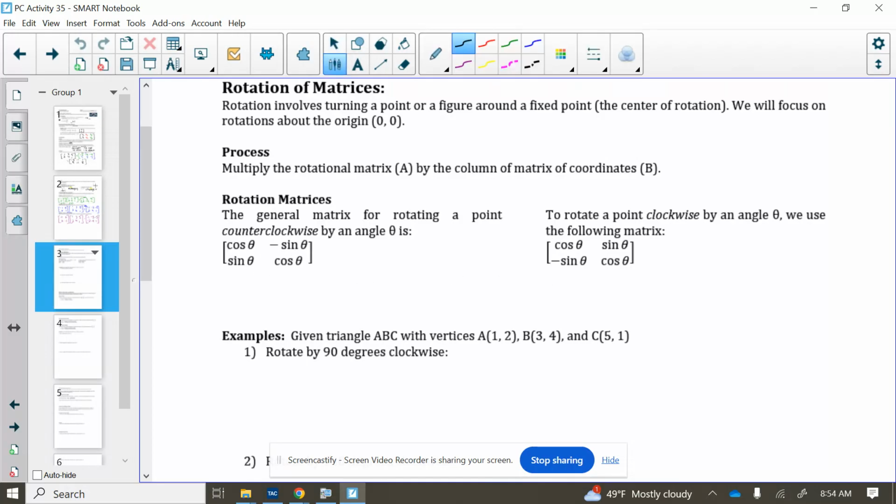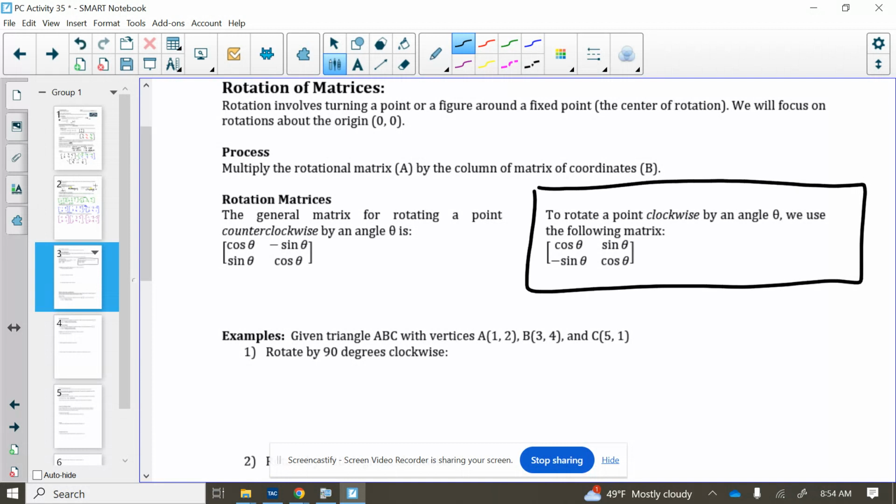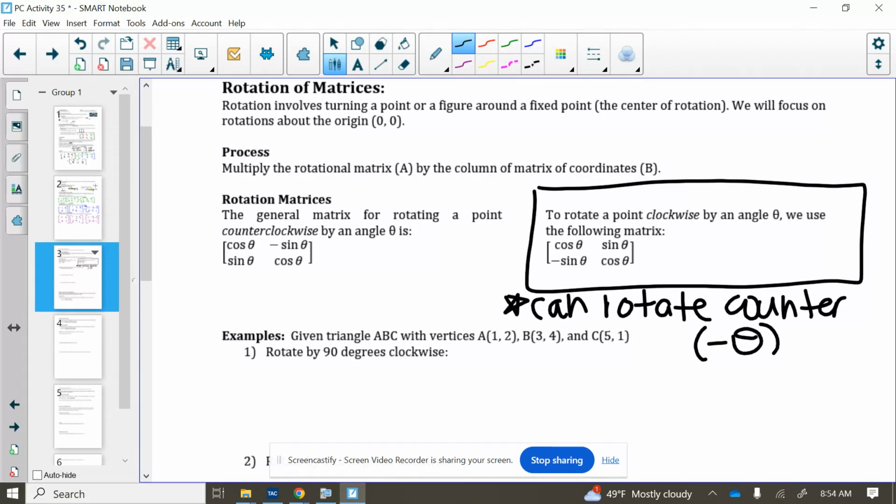Or, which I think is the more important one, your clockwise rotation, which is cos theta, sine theta, negative sine theta, cos theta. Because you can also rotate counterclockwise using this one. You would just plug in a negative theta as opposed to a positive version, and this formula suffices for a counterclockwise rotation.